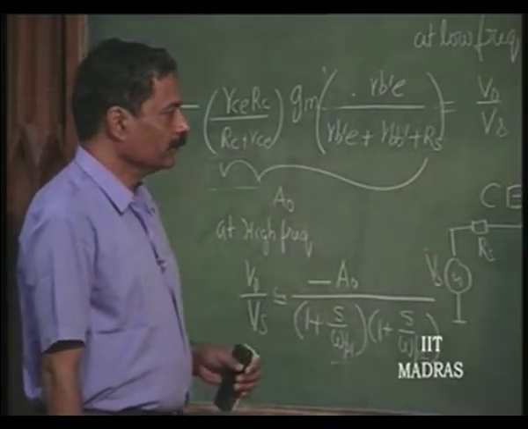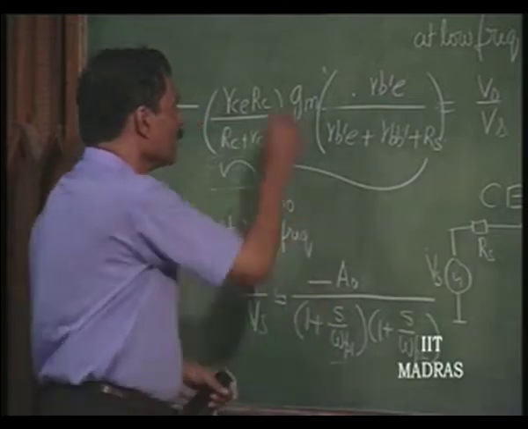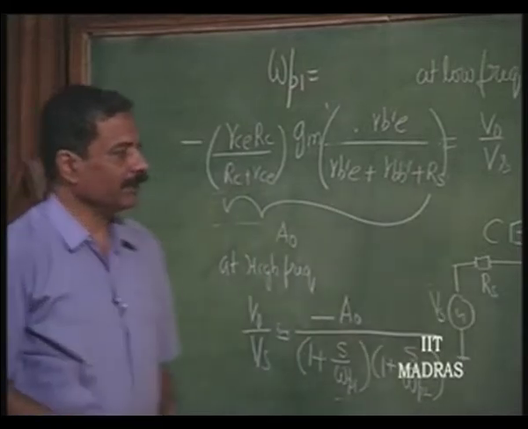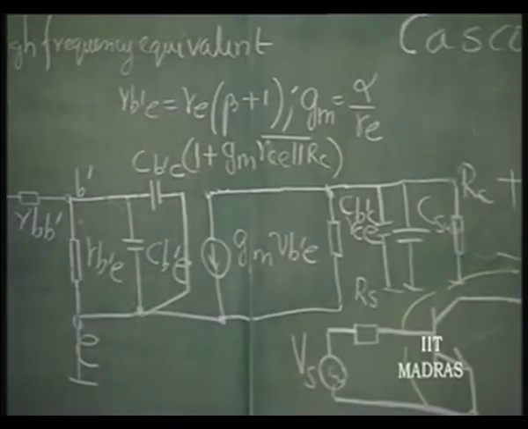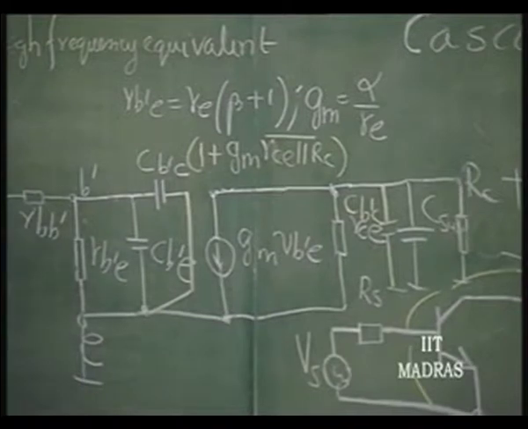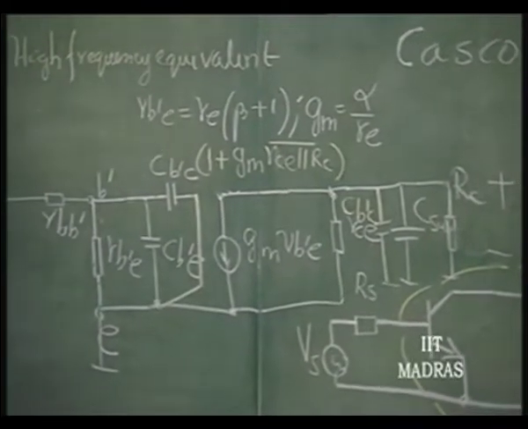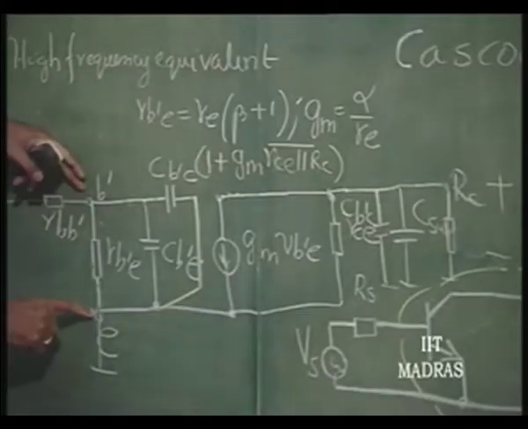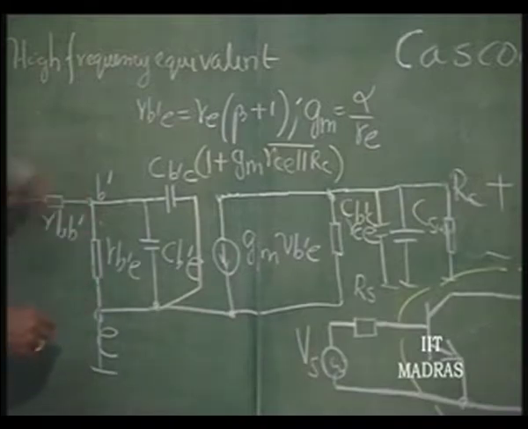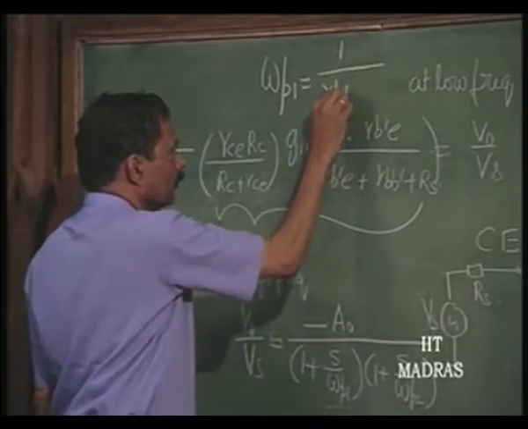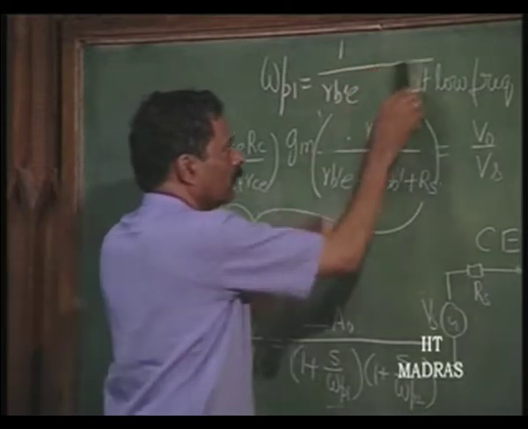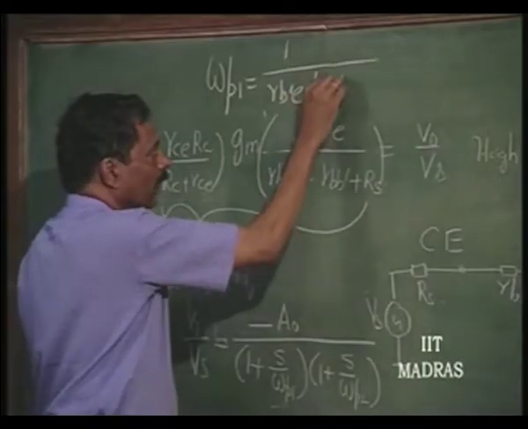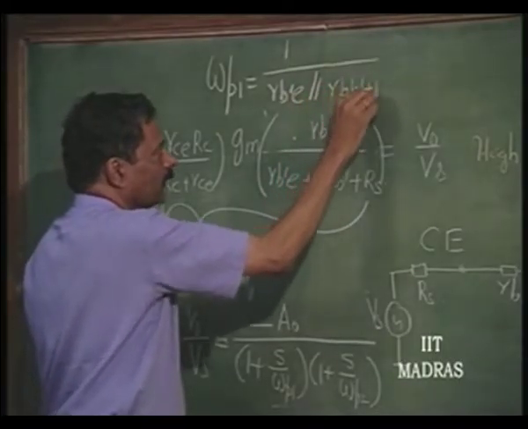So, now we can indicate what omega P1 is going to be. Omega P1 is determined by the time constant at the input. It is 1 over the time constant. So, 1 over what is the net resistance across these capacitors, Rb dash e parallel Rbb dash plus Rs.